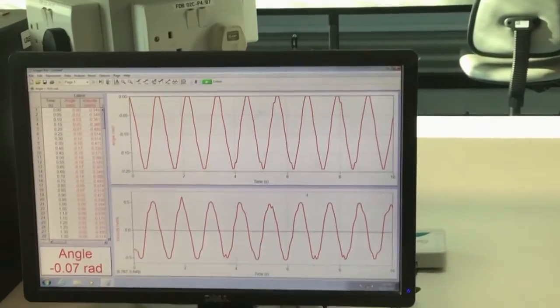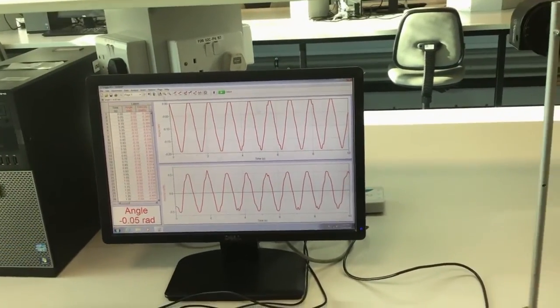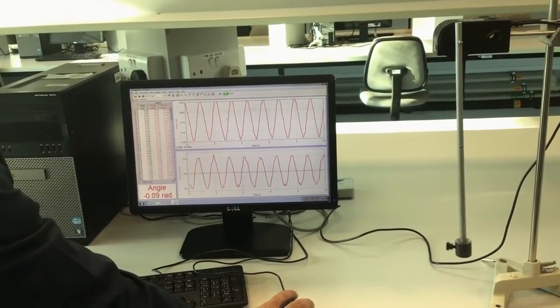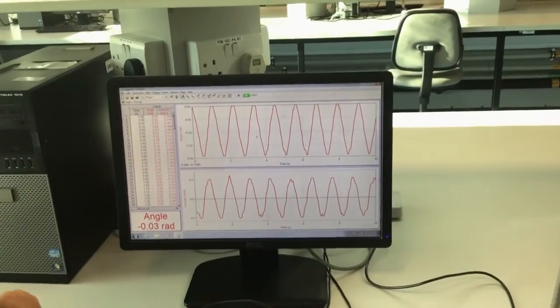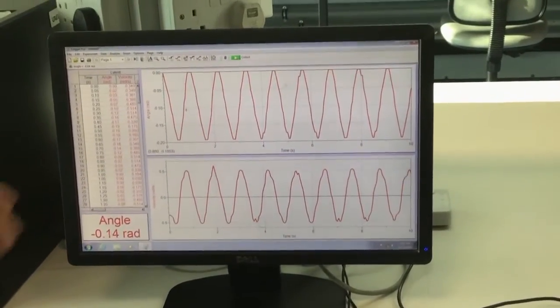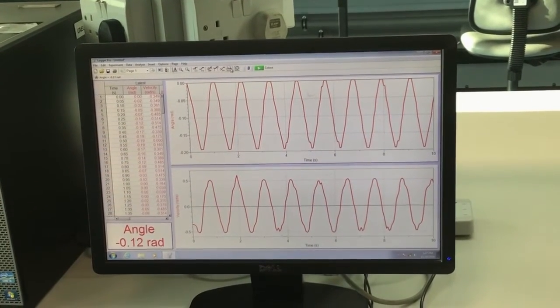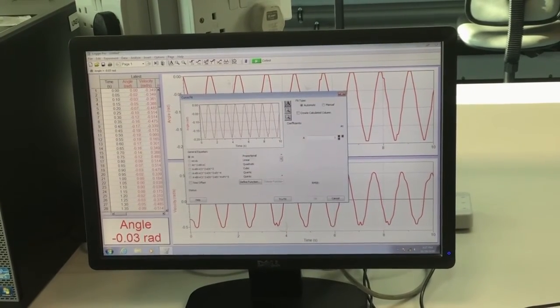So as you can see, there is a waveform. This is how the angle changes as a function of time. So basically, in order to get meaningful information from here, I have to add some sort of fit to this curve. So let's click on the curve fit and see what options we have.